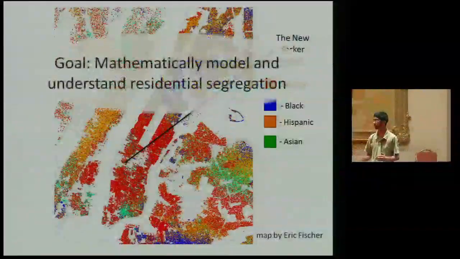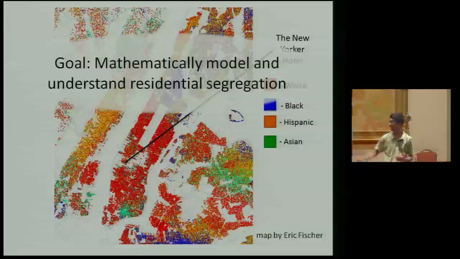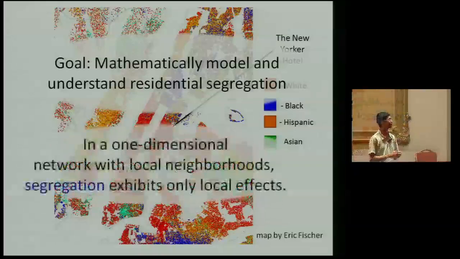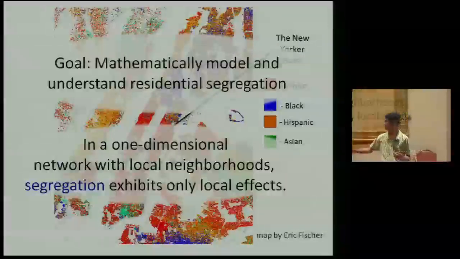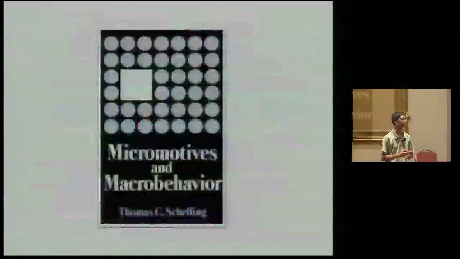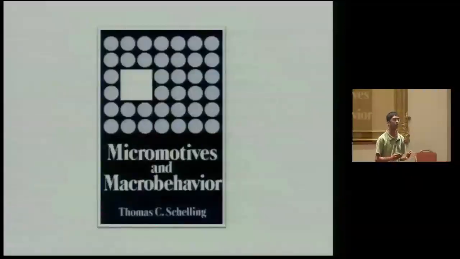Our goal is to mathematically model and understand residential segregation. A summary of our results is that in a one-dimensional network with local neighborhoods, segregation exhibits only local effects. We studied a model introduced in 1969 by Nobel Prize-winning economist Thomas Schelling. This model is interesting to us for two primary reasons.